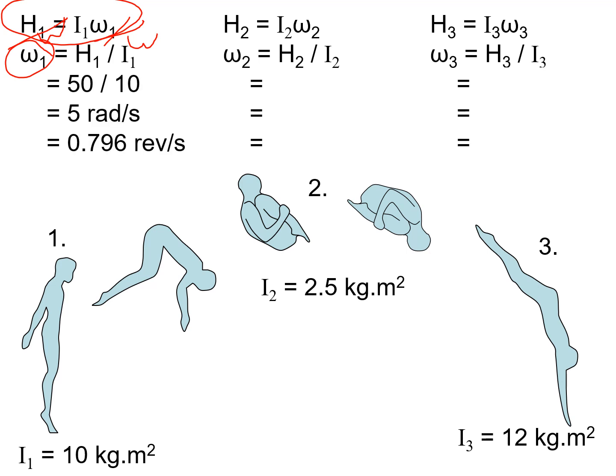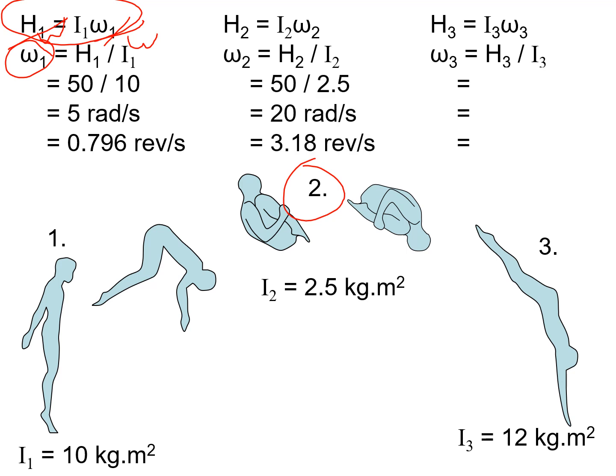In our first position, the moment of inertia is equal to 10 kilogram meters squared, and we divide that into 50. We'll say they had an angular momentum of 50, so they are going to be rotating at 5 radians per second. If, however, in position 2, we decrease the moment of inertia to 2.5 kilogram meters squared by tucking in, we increase our angular velocity to 20 radians per second.